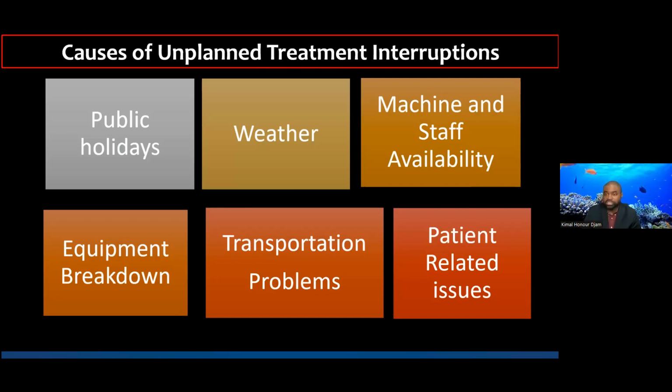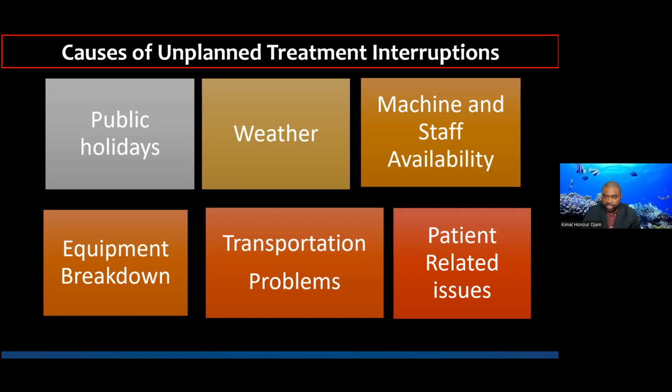Now, the prolongation of treatment time caused by unexpected interruption has been demonstrated to affect local control when there is significant repopulation of tumor cells. However, in clinical practice, especially in developing countries where there are a variety of factors that come into play, and I'm not going to deal so much with these socioeconomic factors.